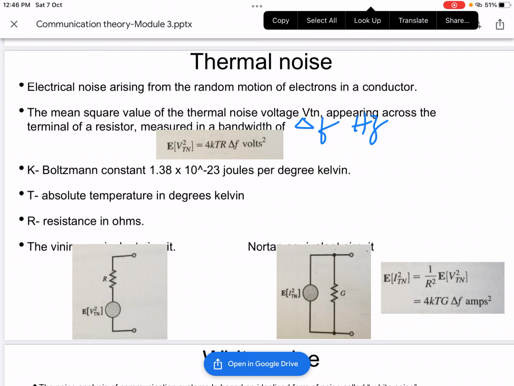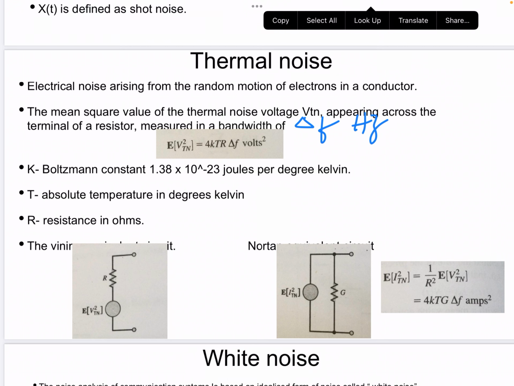The mean square value of the thermal noise voltage, let us take it as V TN, appearing across the terminals of a resistor measured in a bandwidth of delta f hertz, for all practical purposes, we can express as E of V TN square is equal to 4 k T R delta f, where k is the Boltzmann constant equal to 1.38 into 10 to the power of minus 23 joules per degree Kelvin, T is the absolute temperature in degrees Kelvin, and R is the resistance in ohms.